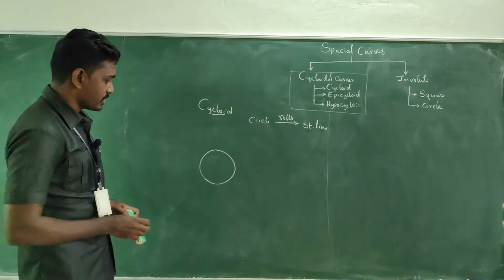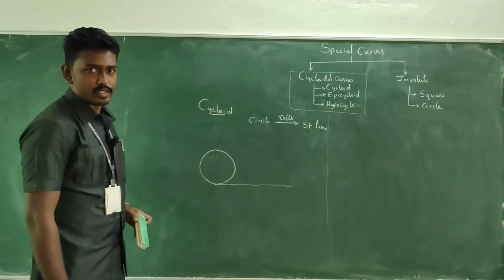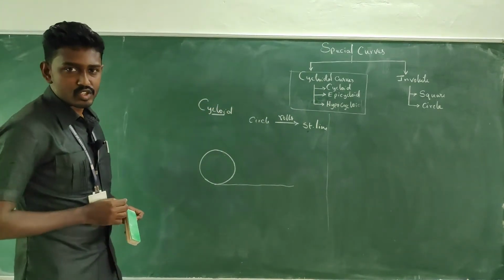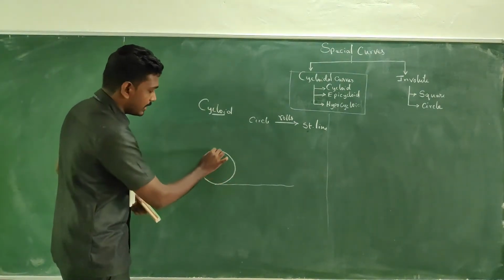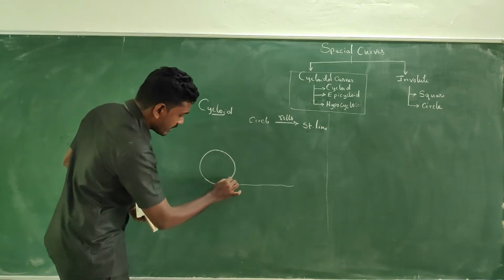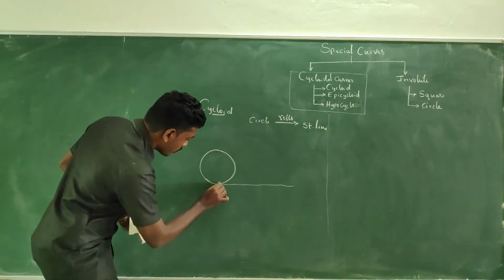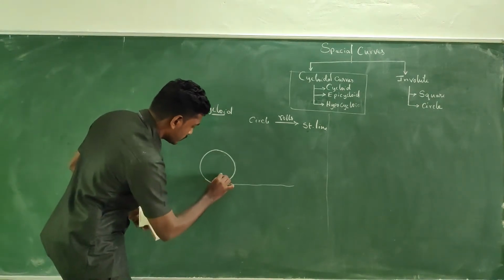It's a flat surface like this, and the point is on the circumference of this circle. This is the circle, and this outer periphery we call the circumference. So I am going to take a point here. This is the point.